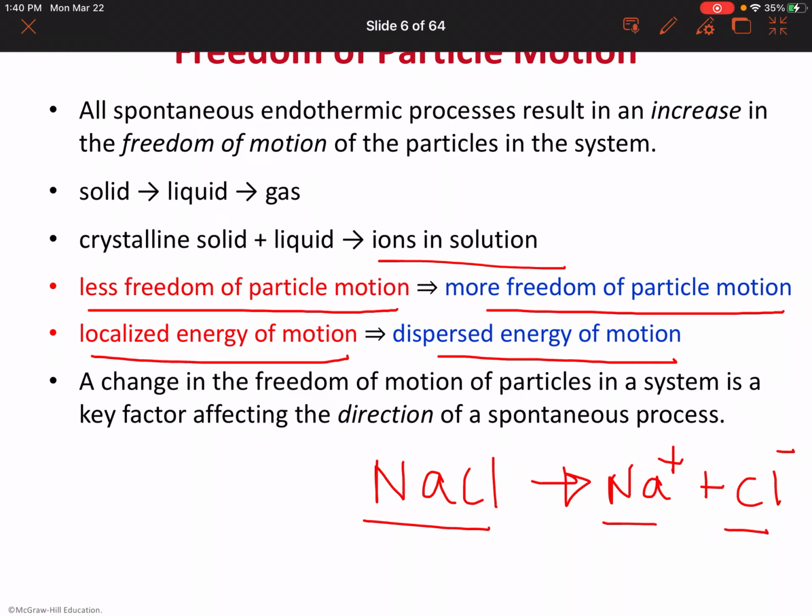One become two. Okay, and then very compact, though, like the solid become liquid, liquid become gas. All of these are giving us more freedom of motion. So that indicates us a direction of a spontaneous process.